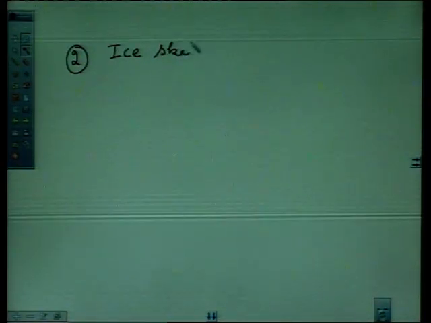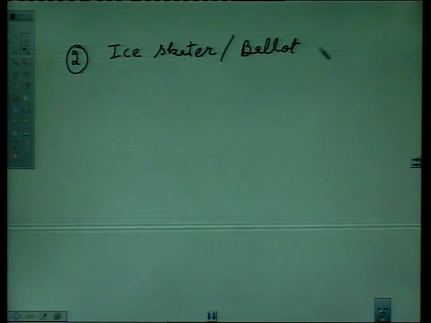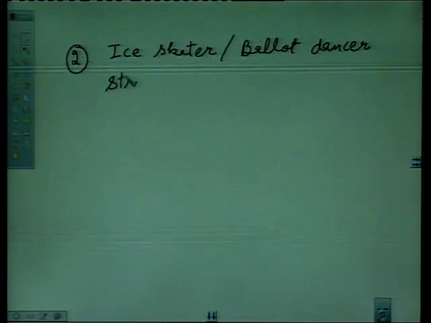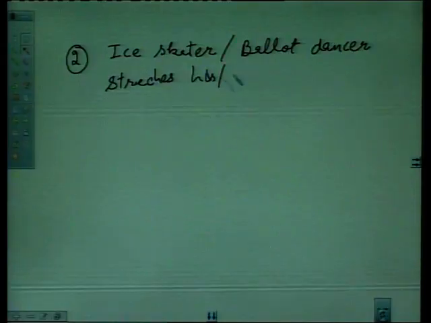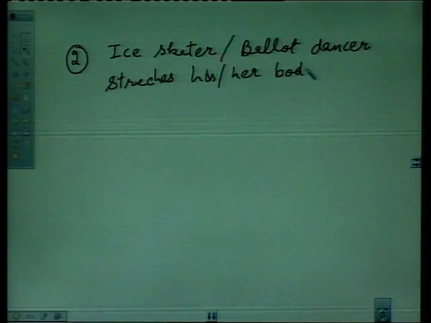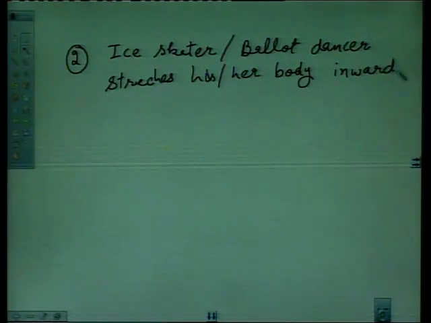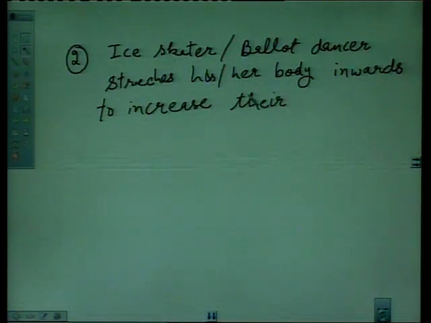The second is an ice skater or a ballet dancer who stretches his or her body inward to increase their speed, their angular velocity.